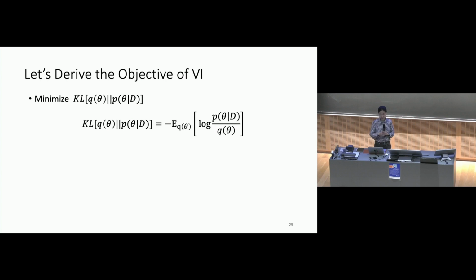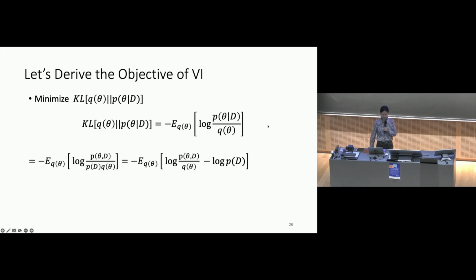Let's plug that in and see what happens. We plug in the Q distribution as well as the posterior distribution to compute the KL(Q||P) term. This is just what we've seen before. But remember that this posterior is intractable. So we first use Bayes rule again to write down what exactly the posterior inside is, and you can see that there is a joint distribution divided by the marginal likelihood.